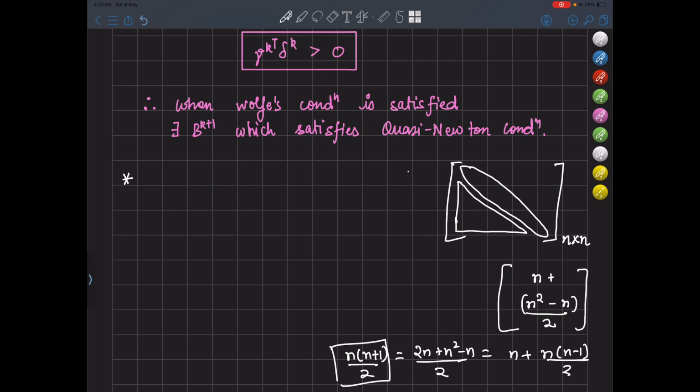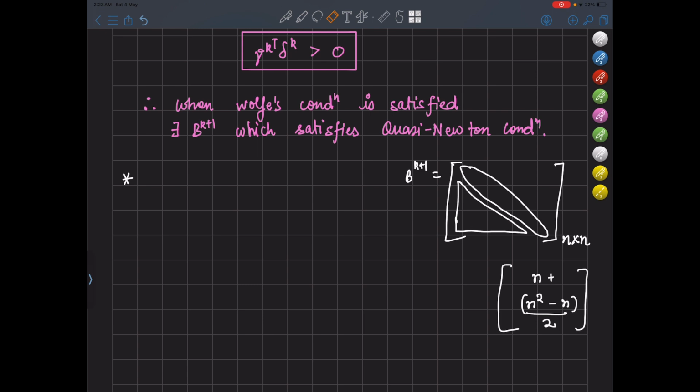So this is bk plus 1, remember. If we have to find an n cross n symmetric matrix, then we have n(n plus 1) by 2 number of variables. Okay, let's just write it. I'll keep it here for your reference.